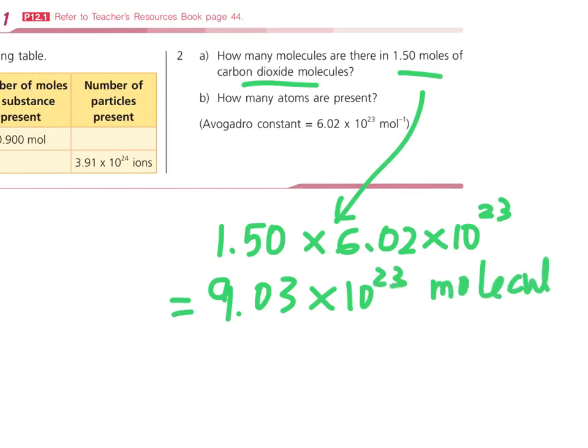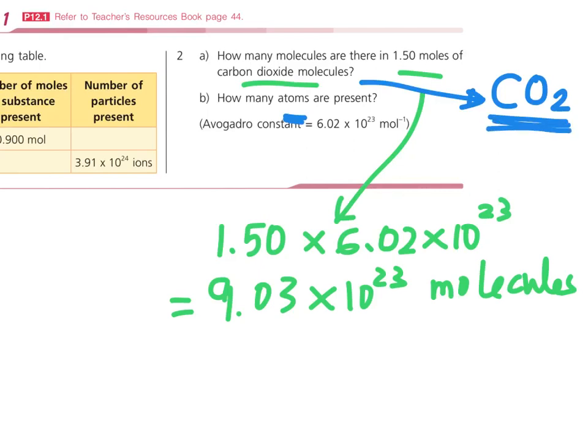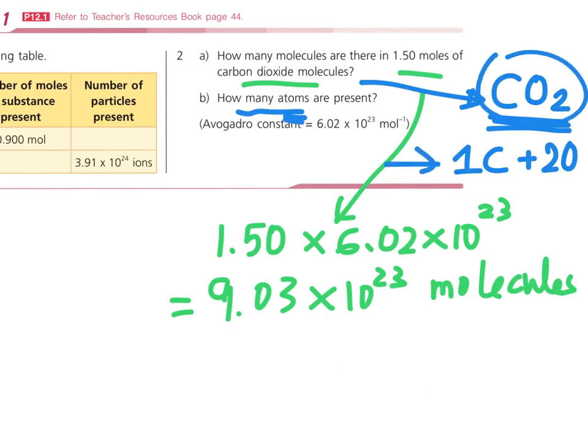While if you need to calculate how many atoms there are, you need to know the formula for carbon dioxide. Carbon dioxide is CO2. That means every molecule contains 1 carbon and 2 oxygen sticking together. So for 1 CO2 you get 3 atoms.